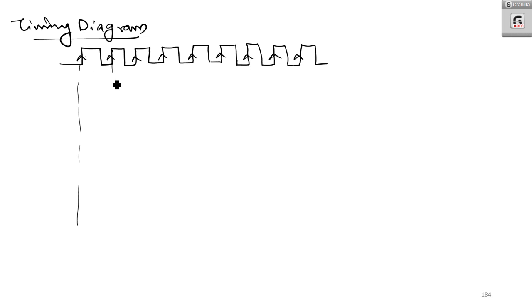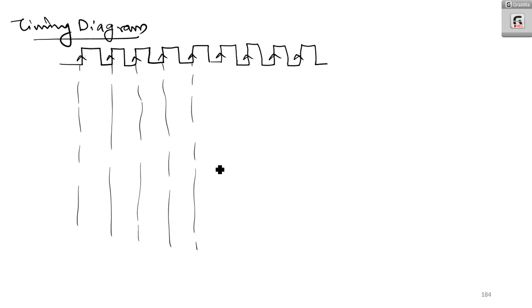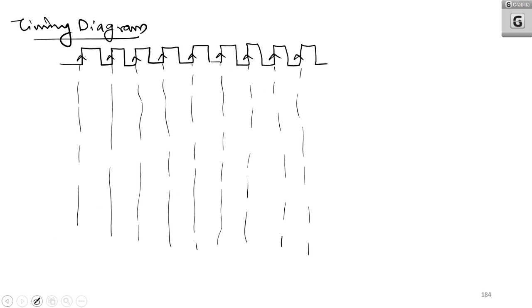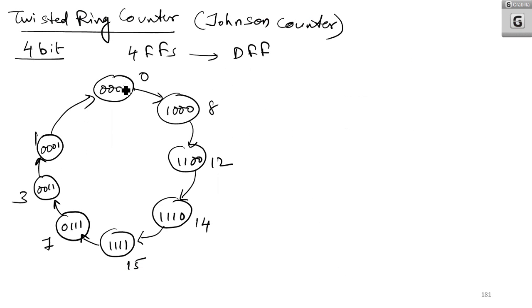So this is the first clock pulse, second, third, fourth, fifth, sixth, seventh, eighth, ninth. How many states are there? 1, 2, 3, 4, 5, 6, 7, 8. Yes, 8 states.